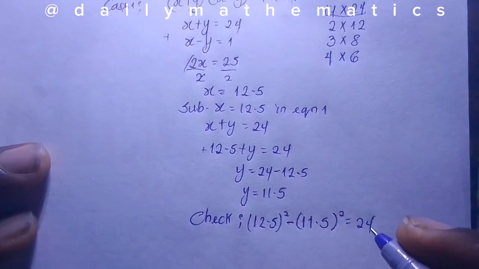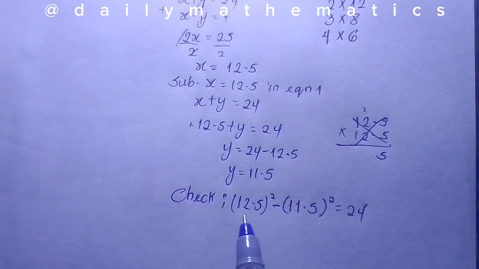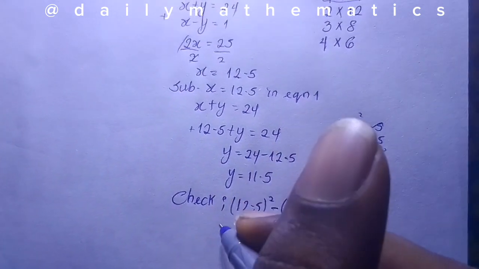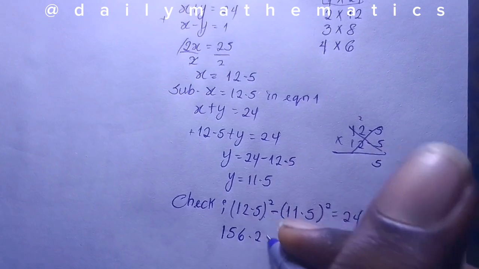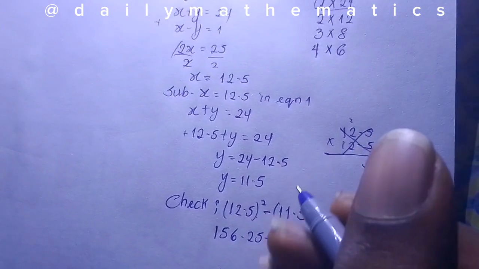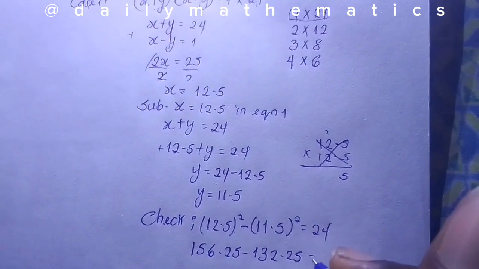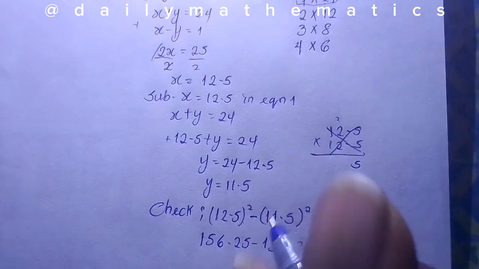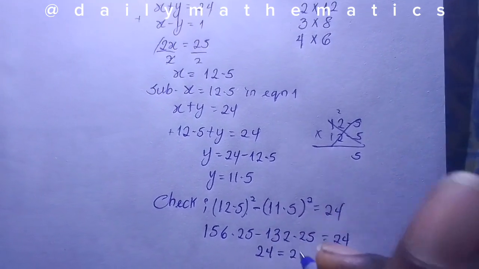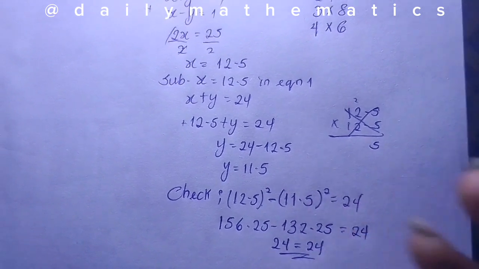Does it give us 24? 12.5 squared is giving us 156.25. 11.5 squared is giving us 132.25. Does it equal 24? So this minus this equals 24. So for the first equation, that is correct.